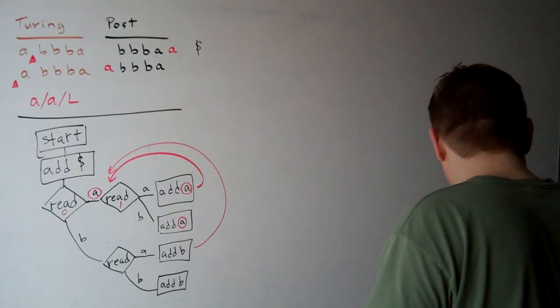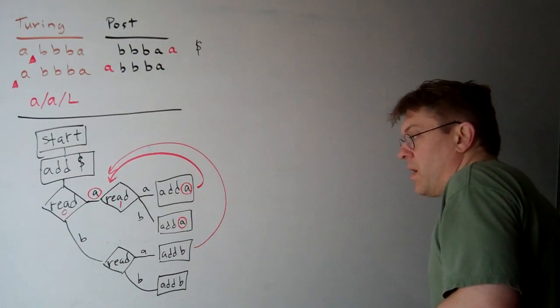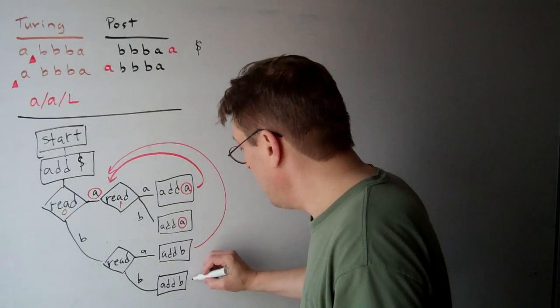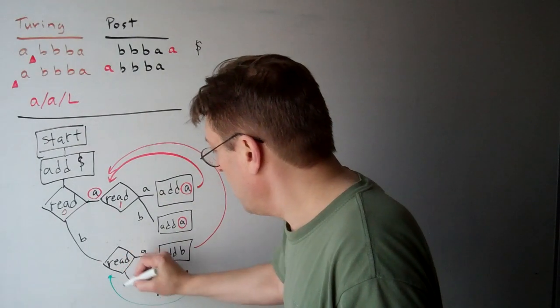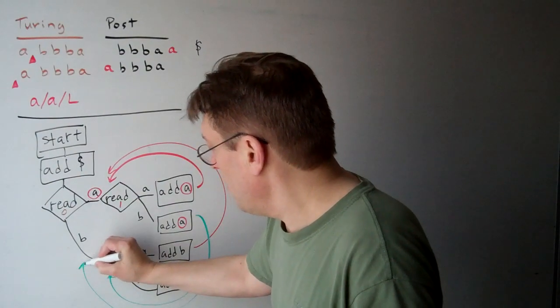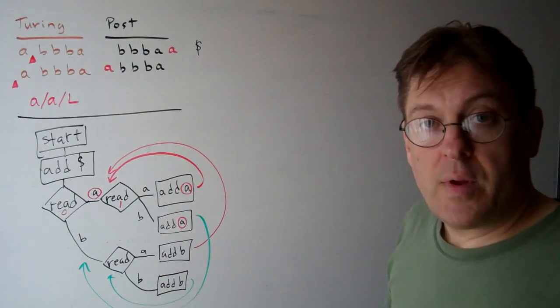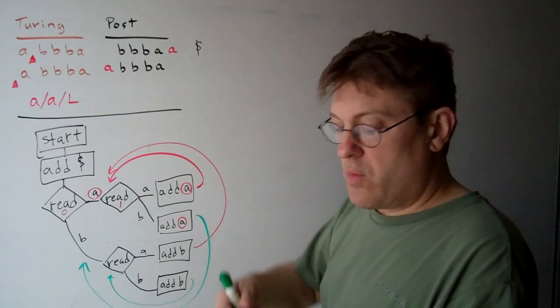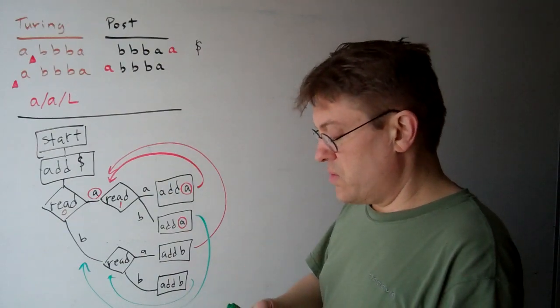Obviously if it's a B, I want to do just the opposite. I read B, and then I'm going to write whatever the second to last one was.